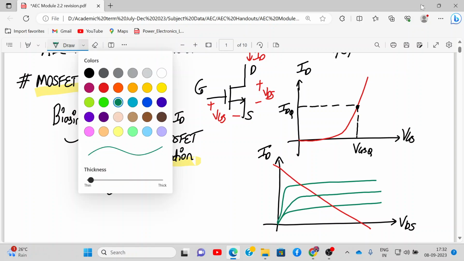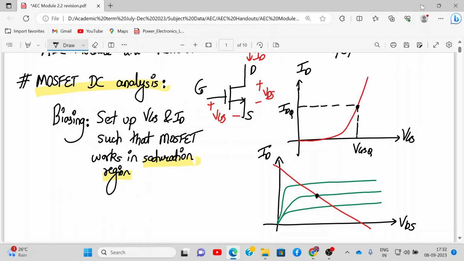This will be VDSQ and this will be IDQ. This region of operation is the saturation region, and this is again my Q point.